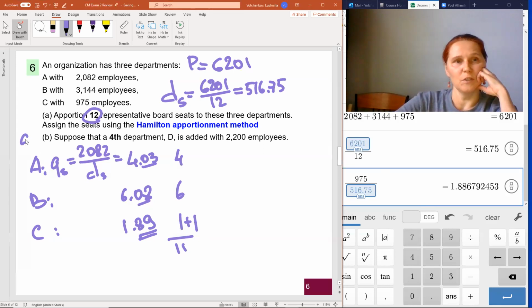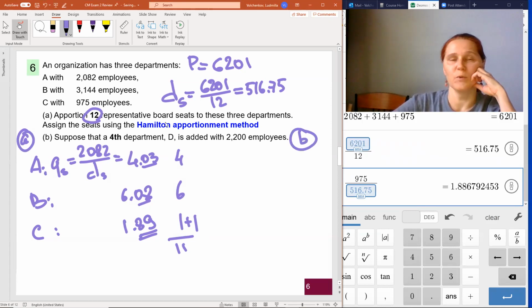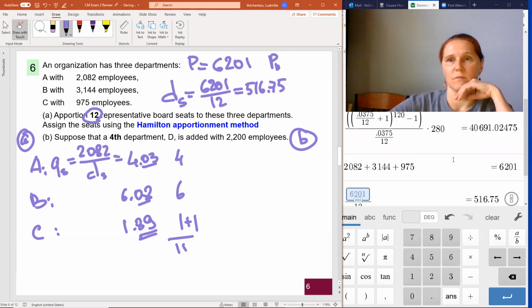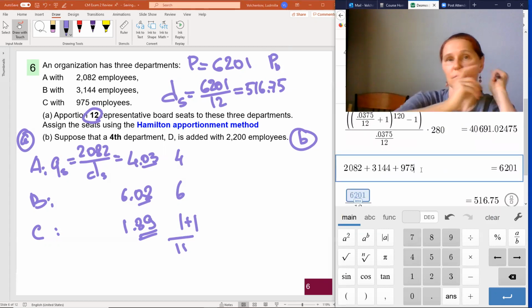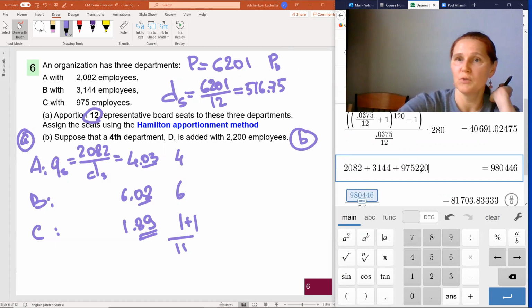Then consider the situation B. Suppose that there is a fourth department with 2,200 employees. So for the new total, we add 2,200 to the total population.